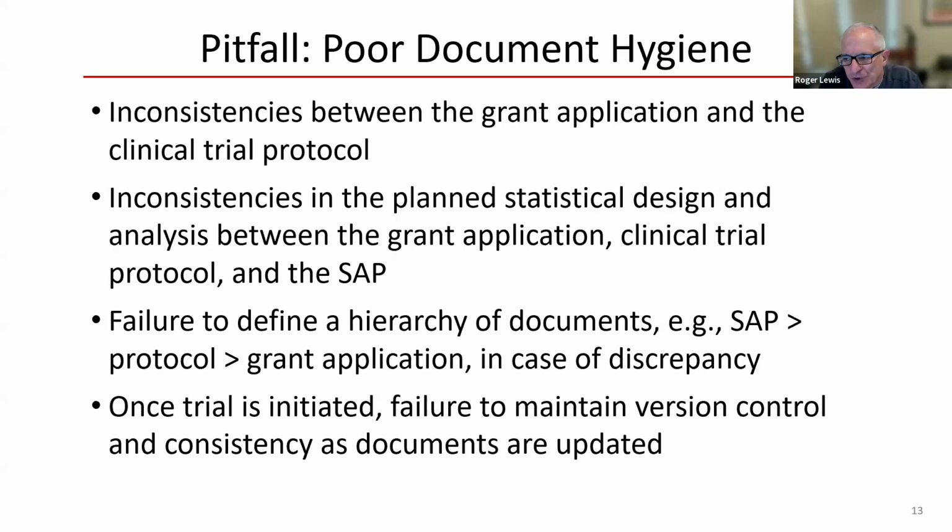And it is useful to define a hierarchy of documents, especially for the statistical analysis, so that in the case of discrepancy, it is unambiguous which one takes precedence. And the usual hierarchy is for the statistical analysis, the SAP is the final say versus the protocol, and the least weighty is the grant application.